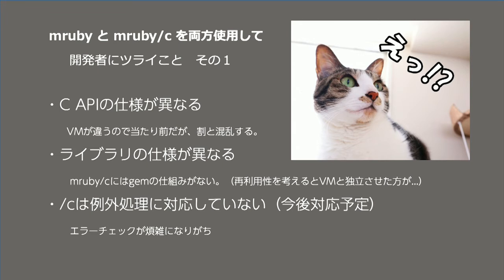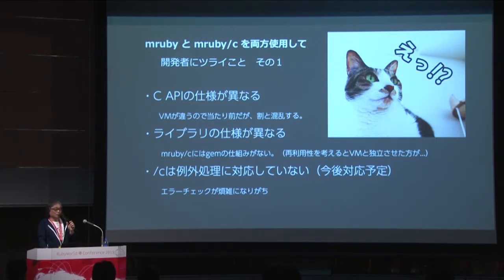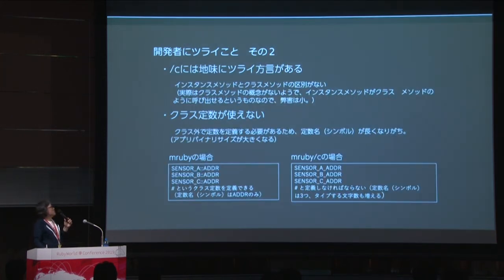And also /c doesn't have any exception processing. People are saying that they are making it. Probably in the near future it will be available, but at this moment error checking is quite frequent and cumbersome.